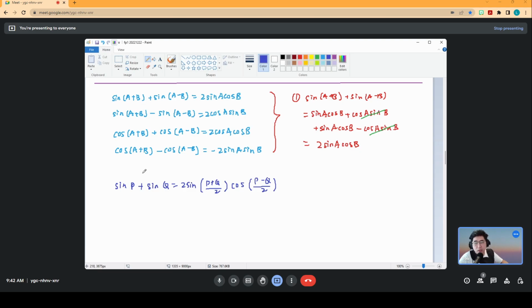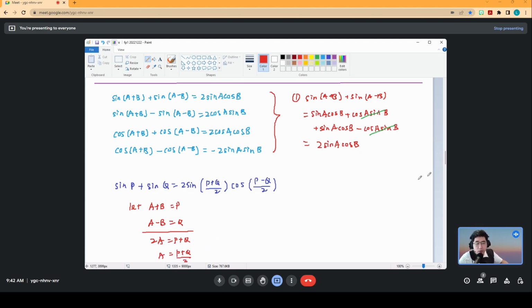So the proof is actually just let A plus B equal P, and A minus B equal Q. When you add them together, you have 2A equals P plus Q. Therefore, A equals P plus Q over 2.